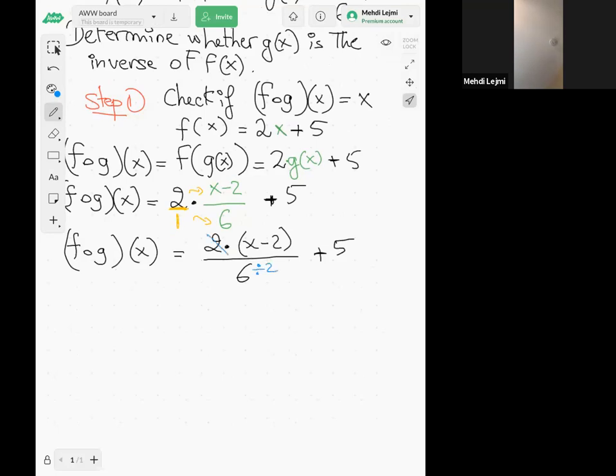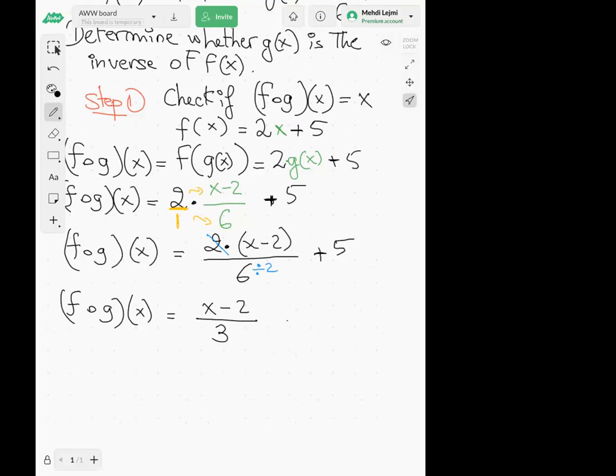So f composed with g of x would be x minus 2 over 3, because 2 over 6 reduces to 1/3, so 3 is in the denominator. And then I have this plus 5, of course.